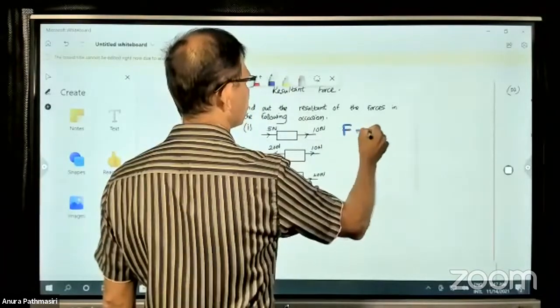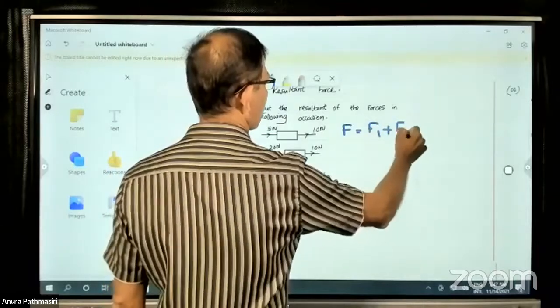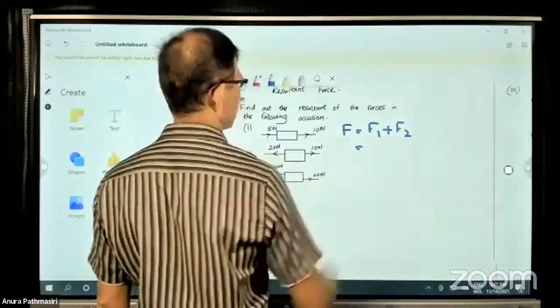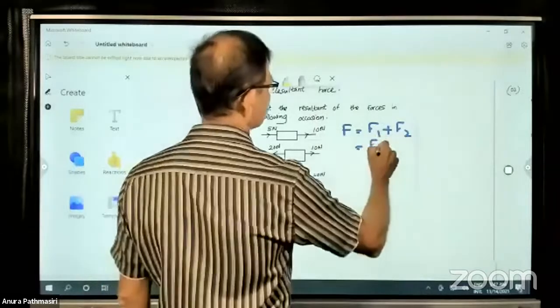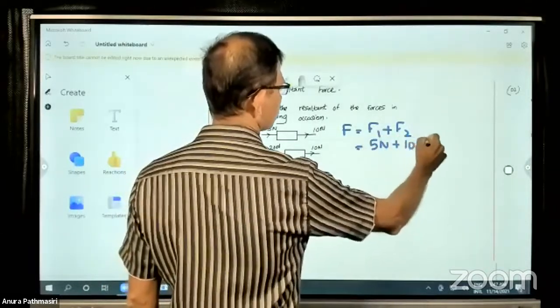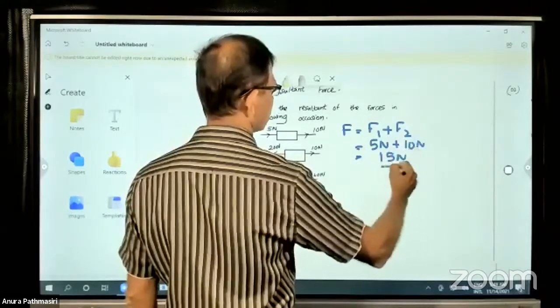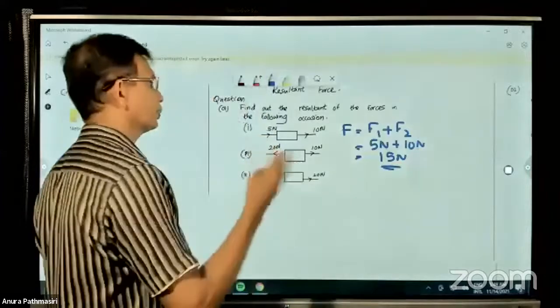F equal F1 plus F2, that is 5 Newton plus 10 Newton equal 15 Newton. Direction is positive, same.